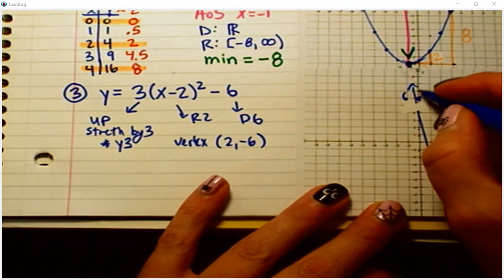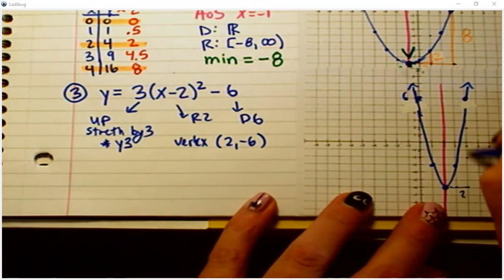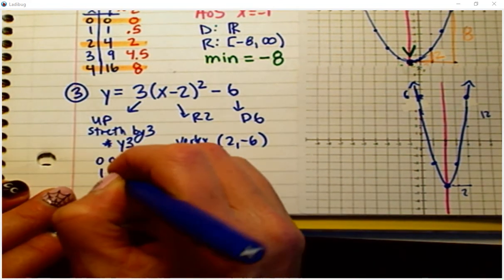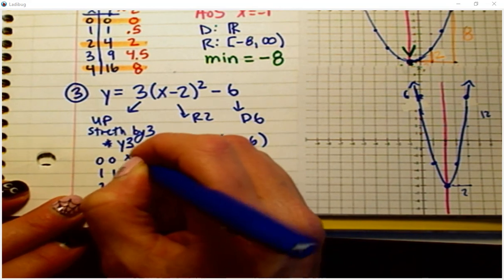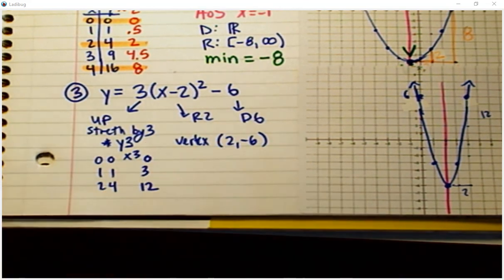Do you go up 12 from the point that you were at? Yes, it was over 2, up 12, from the vertex. So 0, 0, 1, 1, 2, 4 times 3. Those are my points. Do you have to write all of that?